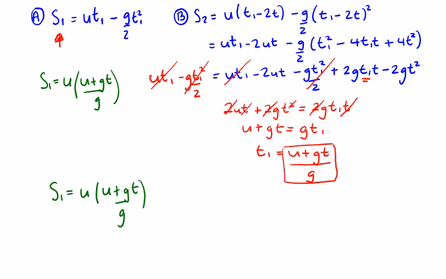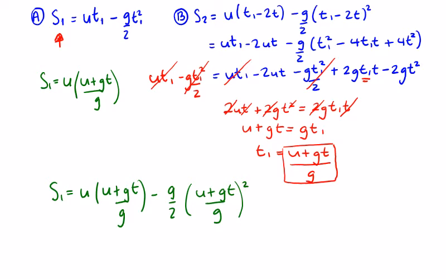S1 is equal to u times u plus gt over g, minus g over 2 by t1 squared, which is u plus gt over g to be squared. Seems a bit long-winded, but let's see.